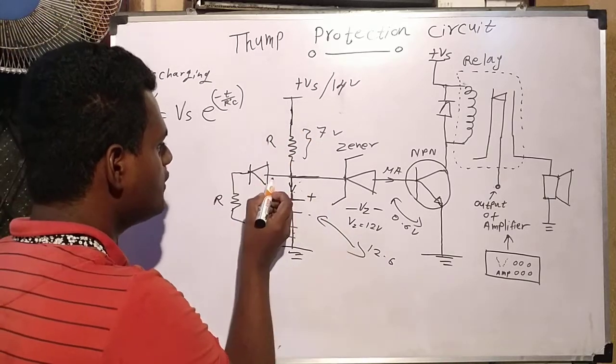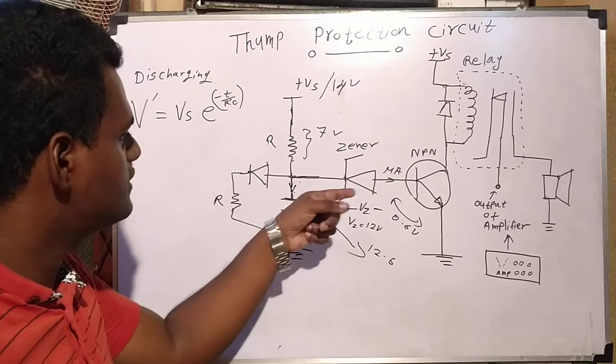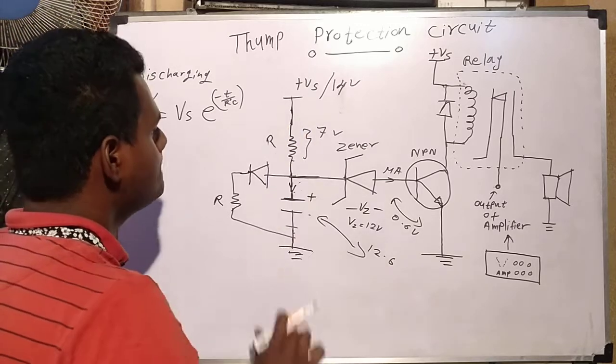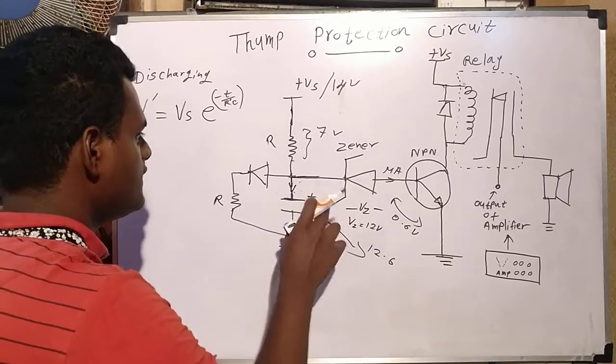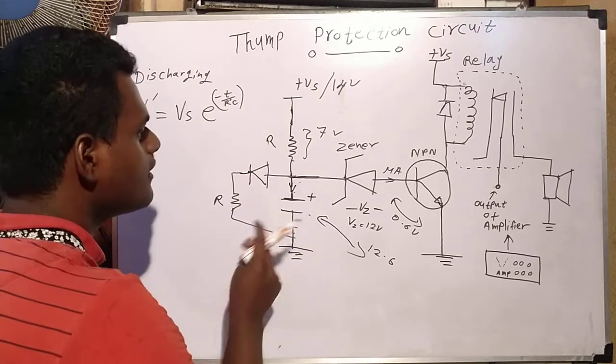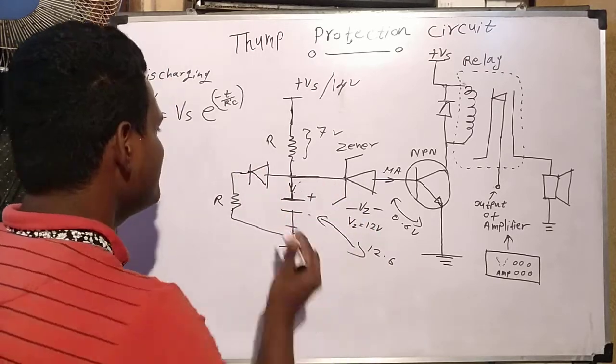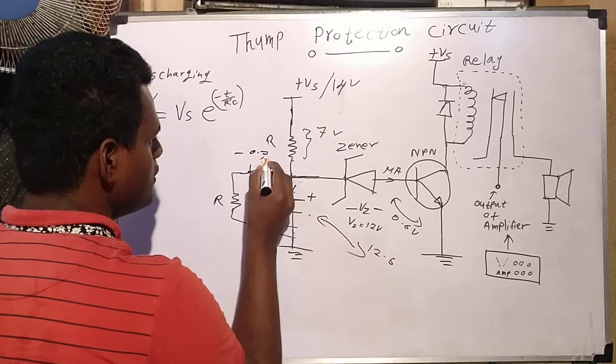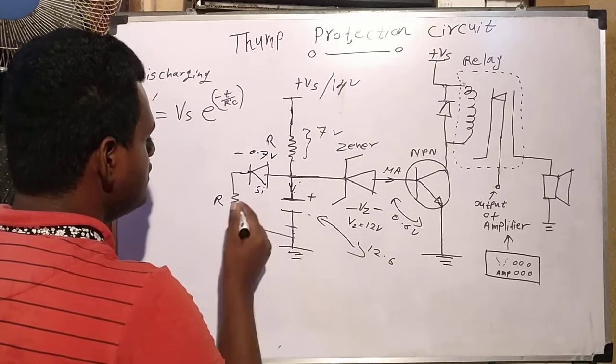Then no current goes here, it only goes to here. After a power failure, it also goes like this, but the same issue is there. Why? Because I have a 0.7 volt drop if we take a silicon diode.